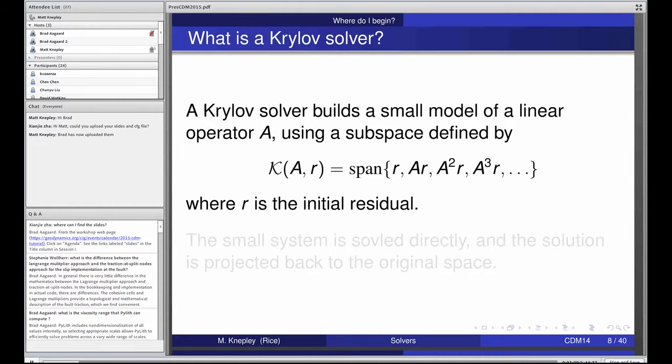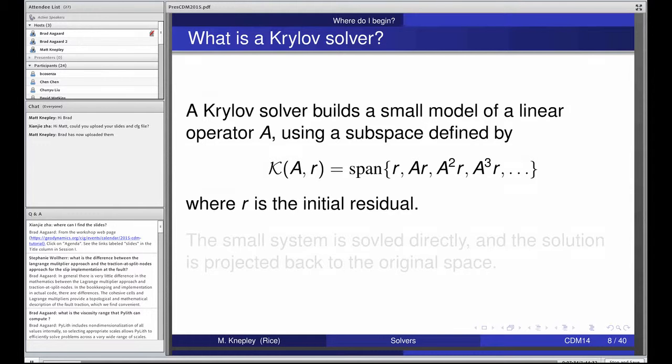So here it's AX minus B. If I had the exact solution, that would be 0, so I would have 0 residual. A residual is kind of like the companion to the error. The error is how different my solution is from the true solution, and the residual is how different my satisfaction of the equations is from 0, because the exact solution will give you 0 in the equations.